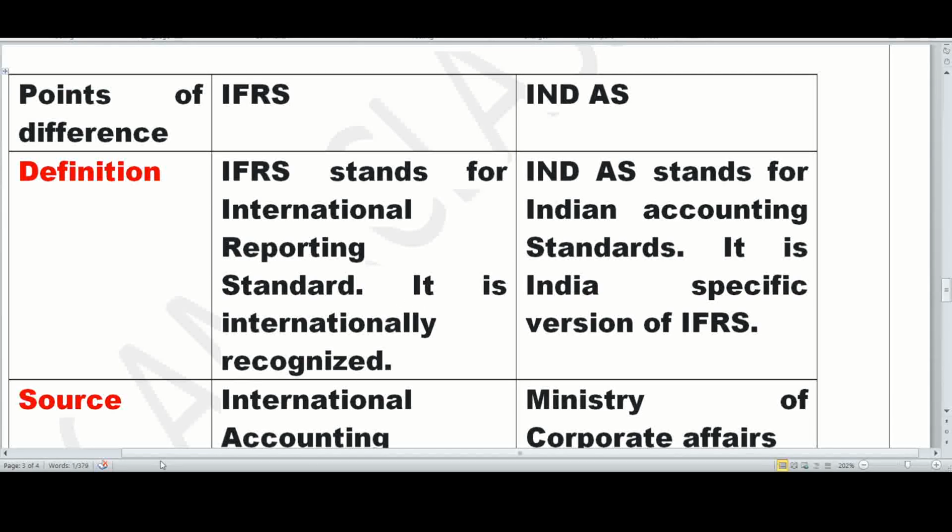That means IFRS has been modified a little bit to give Ind AS, so that if the companies follow Ind AS, that means they are following IFRS.